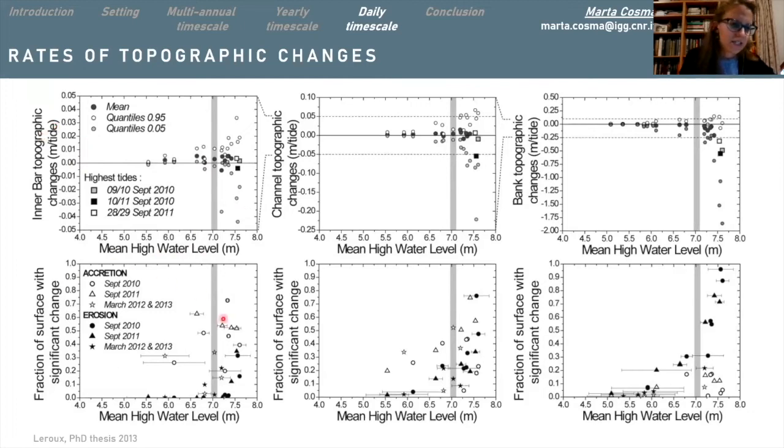Whereas these graphs here show the fraction of the surface that shows a significant change in accretion with respect to the mean high water level.